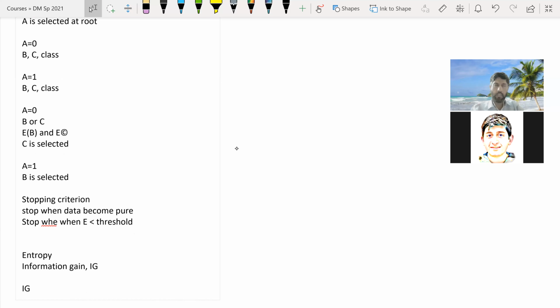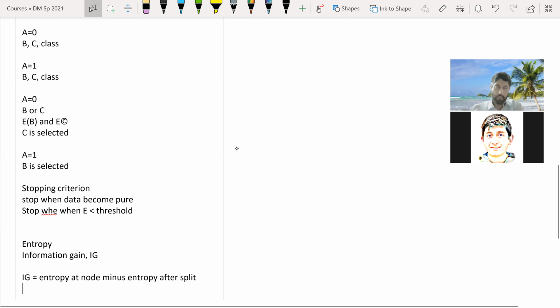Information gain is simply entropy at root minus, sorry, not root, any particular node minus entropy after the split. So meaning that entropy before the split minus entropy after the split.